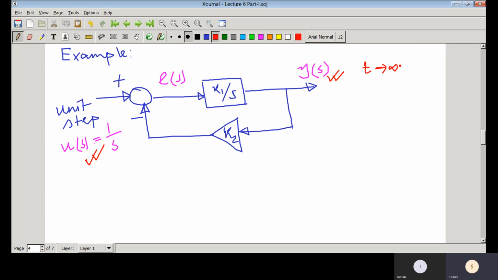So let us first simplify this closed loop feedback system. Here Y(s) equals K1 by s into E(s), and E(s) is U(s) minus K2 into Y(s).